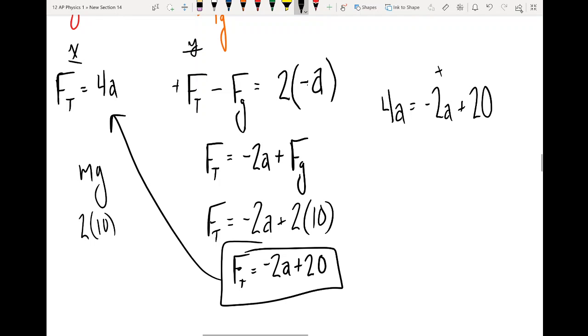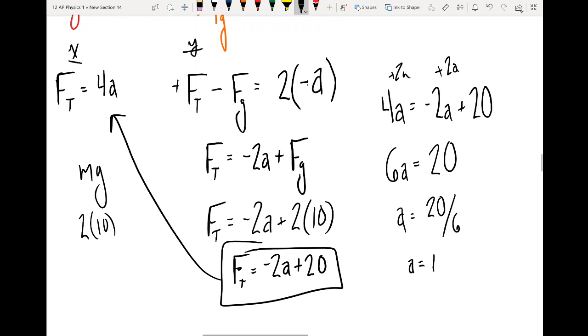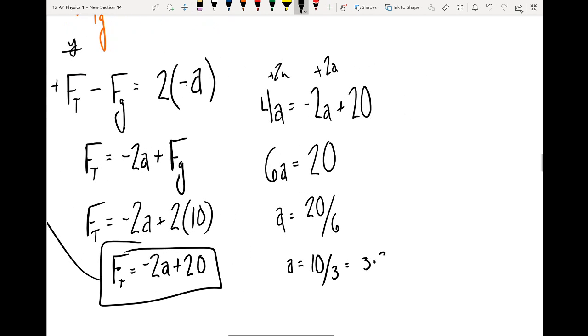I can bring all the a's together, so add 2a to both sides. And that is 10/3, which is not a nice fraction. That's 3.33 meters per second squared.